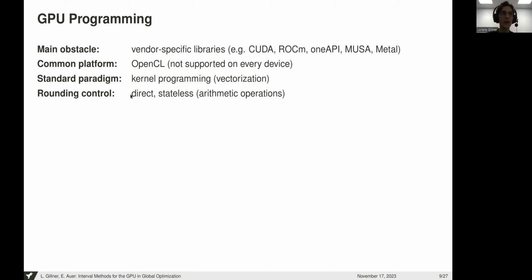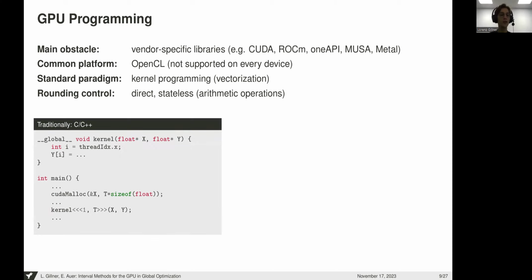And one aspect of the GPU which is interesting for interval methods specifically is the rounding control. Again, I will focus on CUDA devices here, but CUDA devices support directed rounding for all arithmetic operations, which is stateless as opposed to the CPU, where we have to change the rounding mode every time we want to round in a different direction.